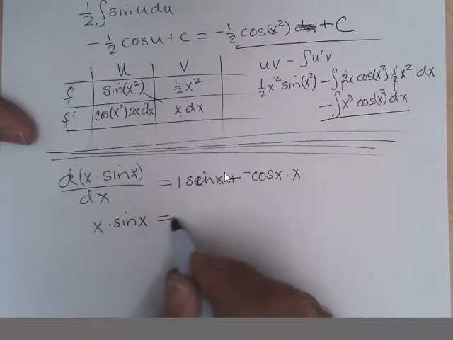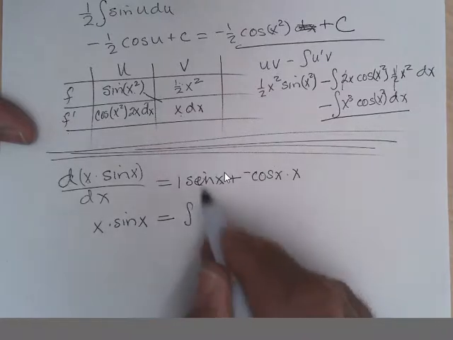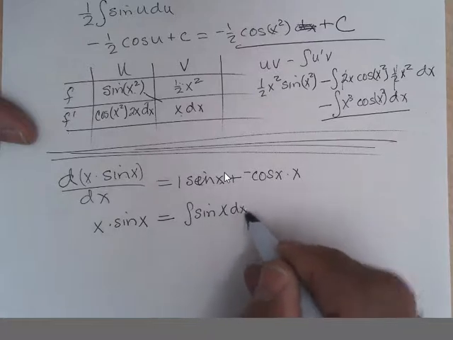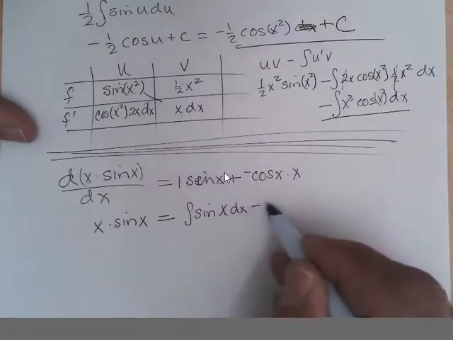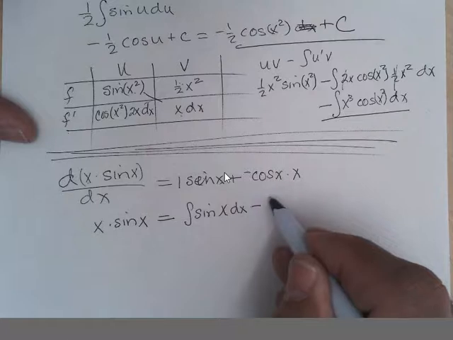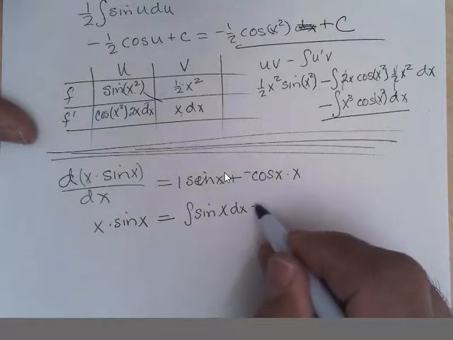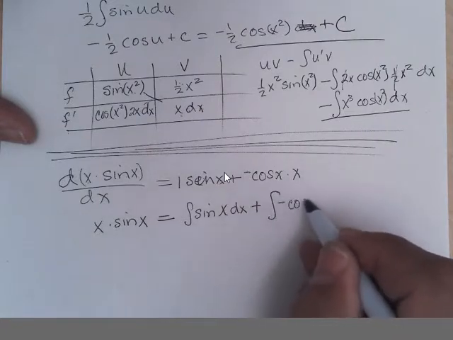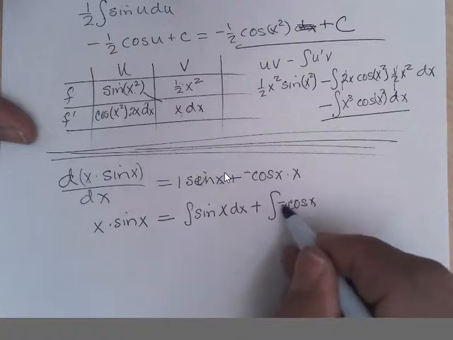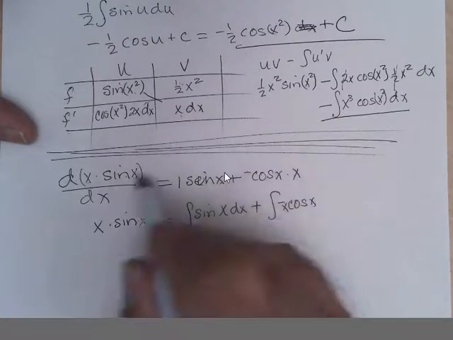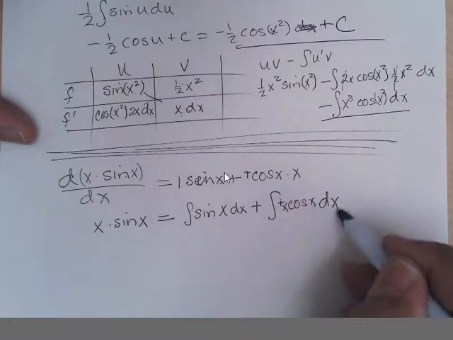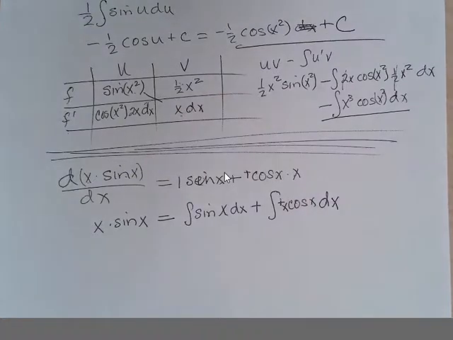And the antiderivative of this side would be the antiderivative of this sine x dx, I'm going to go plus, minus the antiderivative of negative cosine x times an x. Oh, the derivative of sine was positive cosine, sorry. Positive cosine dx. Sorry, hope I didn't confuse you with that. Okay.